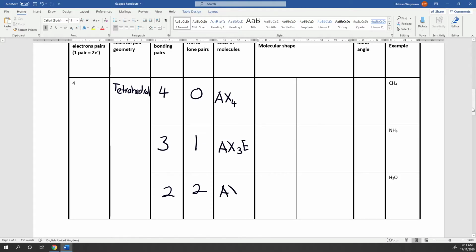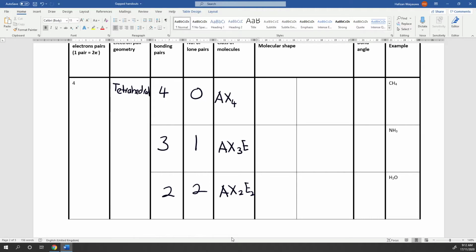For AX2E2. Okay. For now, I'm telling you lah, because nanti sem ketiga baru you guys perlu ada soalan yang tanya pasal class of molecule. So I'm teaching you early lah, because right now untuk sem pertama kan? Kedua?